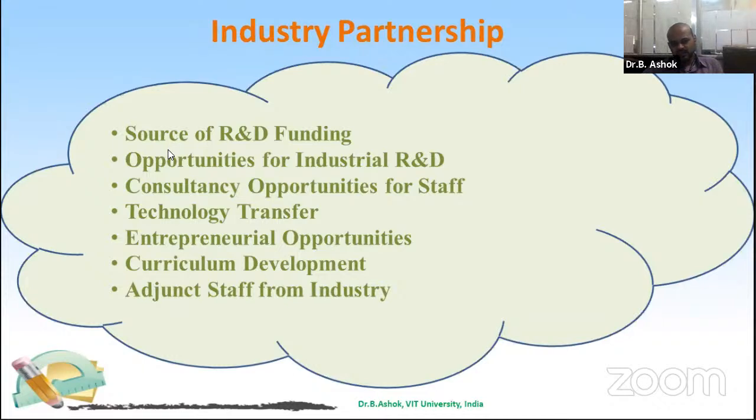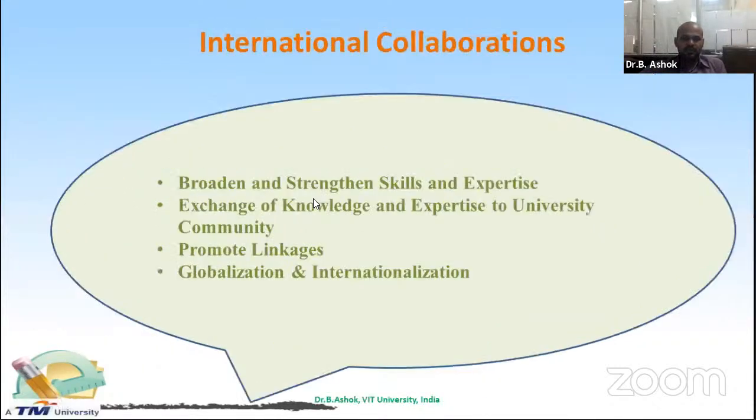Similarly, we can involve the industries in curriculum development, and we can adopt them as adjunct faculty from the industries. So these are certain advantages, and thereby you can end up in international collaborations.